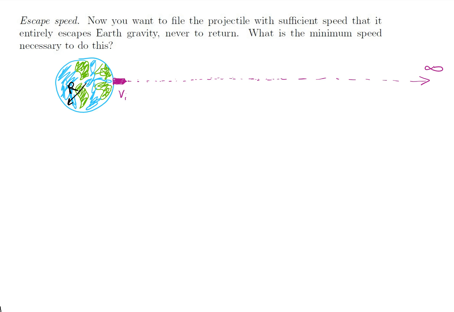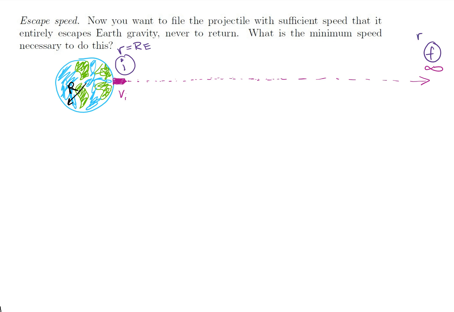Basically, we have some initial situation here. My initial situation is here at the surface of the Earth, and my final situation is here out infinitely far away from Earth. Another way to think about this is that in our initial situation, we're a distance r from the center of the Earth, that's the radius of the Earth.